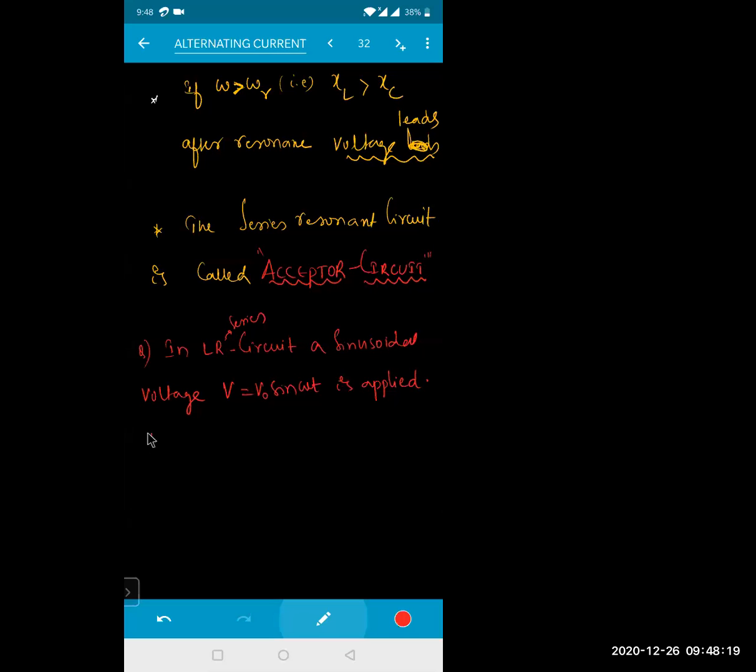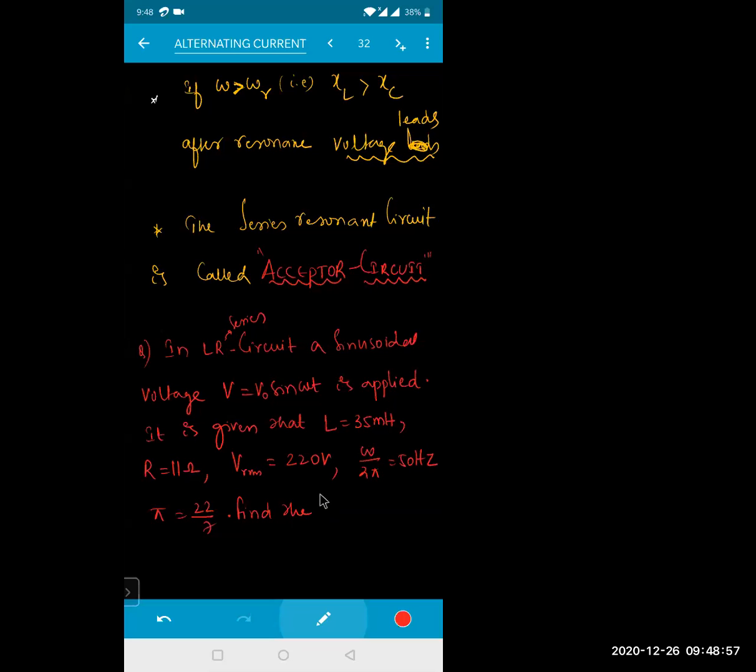It is given that L is equal to 35 millihenry, R is equal to 11 ohms, and VRMS is equal to 220 volt, and omega by 2 pi is equal to 50 hertz, that is the frequency, and take the value of pi as 22/7.